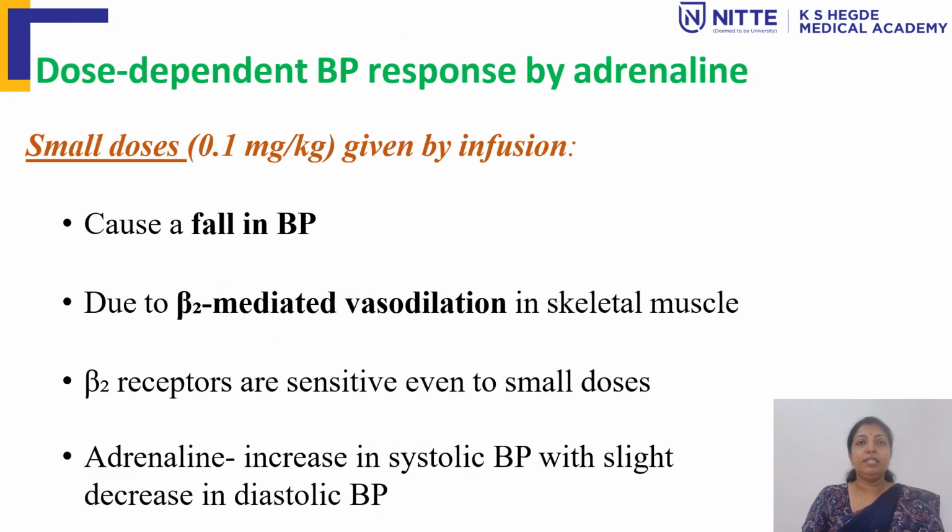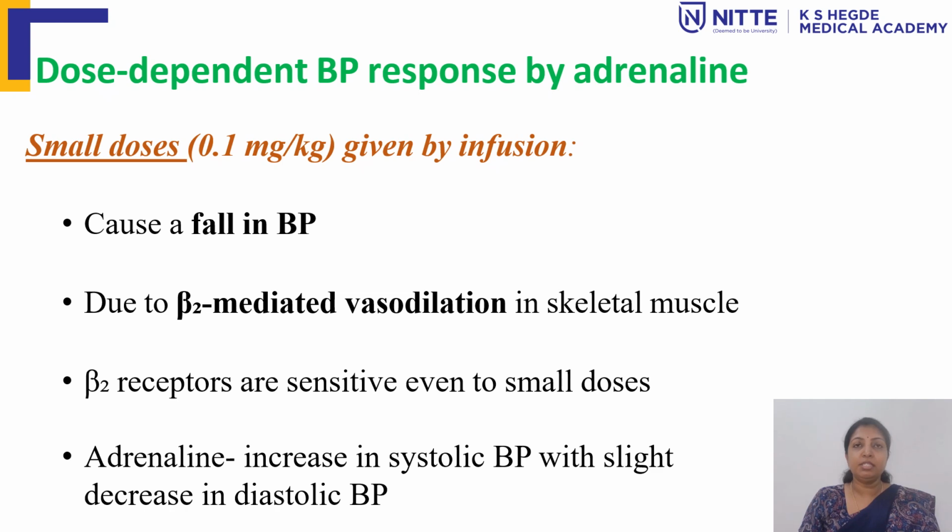Now, dose-dependent action of adrenaline on blood pressure. Adrenaline, when it's given as small doses, by IV infusion or small doses subcutaneously, produces fall in BP. That is mainly due to beta 2 mediated vasodilatation in the skeletal muscle. So, skeletal muscle beta 2 action is more prominent.